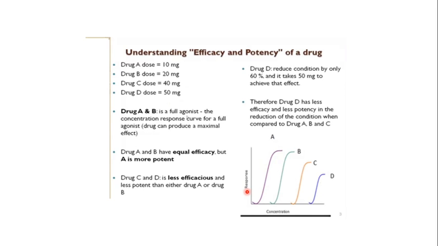Now, drugs A and B have equal efficacy, or equal response. But drug A is more potent, because if this is 100% efficacy, drug A is getting this 100% efficacy by only a dose of 10 mg, while drug B is achieving this 100% efficacy by 20 mg.